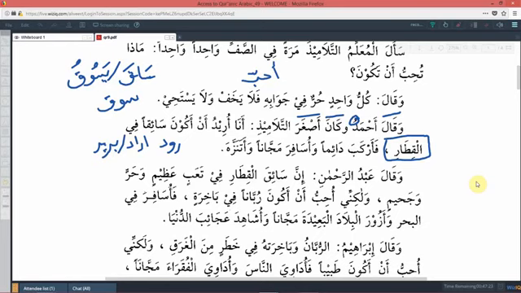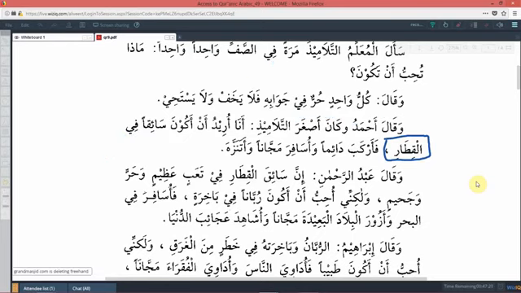I want to become a driver of a train. فأركب دائما. أركب is to ride, from rakiba, to ride. دائما, from dal, waw, mean, meaning always, constantly. فأركب دائما وأسافر مجانا. أسافر meaning to travel. مجانا, from mim, jim, noon, meaning free. وأسافر مجانا, meaning I will travel for free.